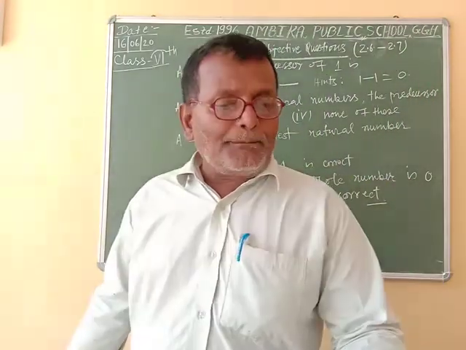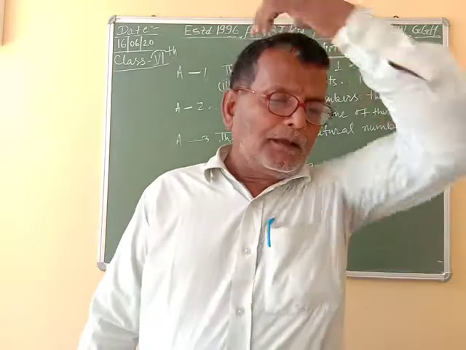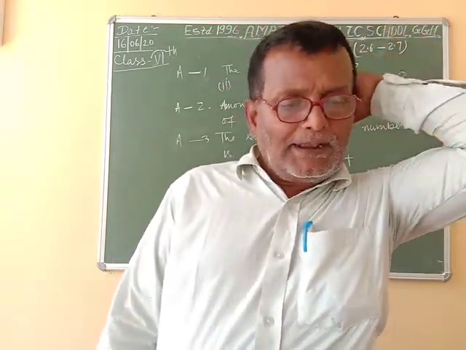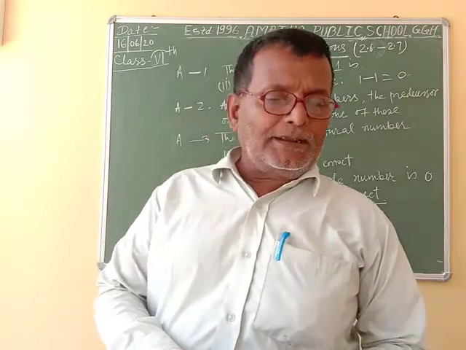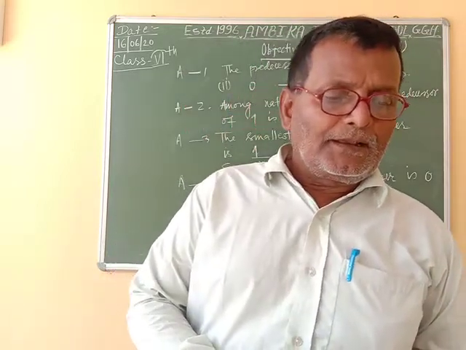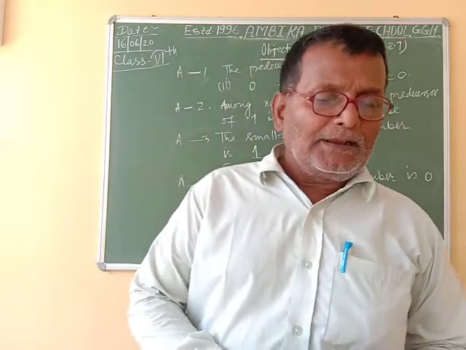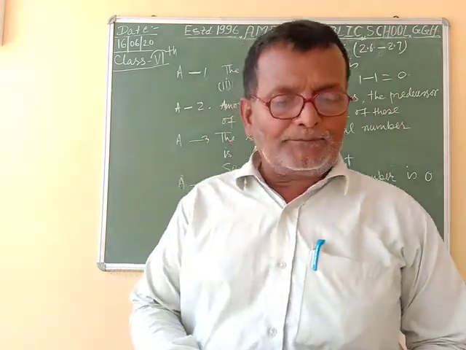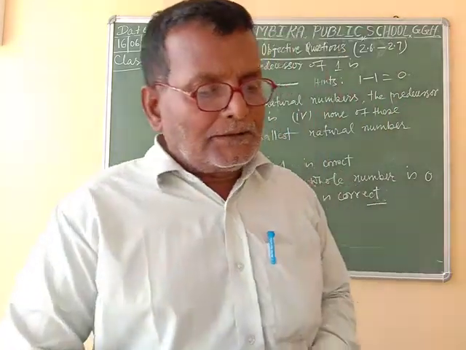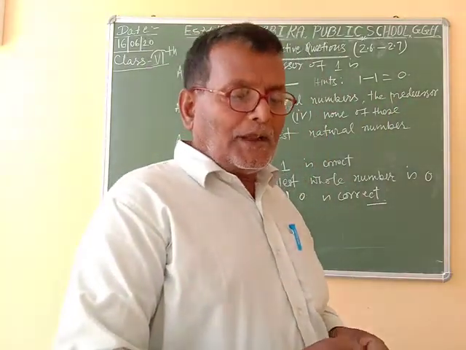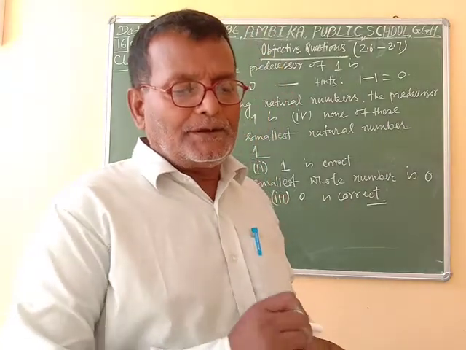We take an example of a non-zero whole number and obtain its successor. Then you multiply the successor and the whole number. Then the answer will be an even number or an odd number.